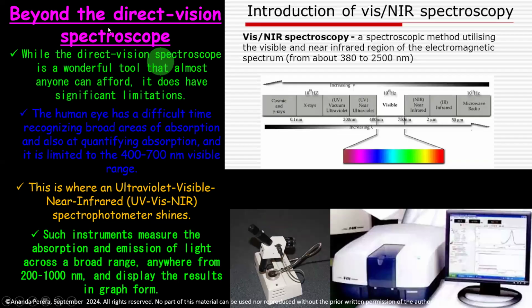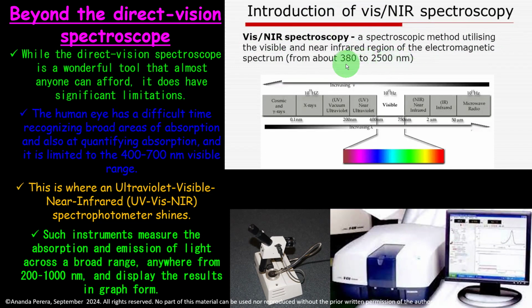Now we are moving a little bit beyond the direct vision spectroscope. Beyond the direct vision, we can use this. It is called a VIS-NIR spectroscope, a spectroscopic method utilizing the visible and near infrared region of the electromagnetic spectrum, 380 to 2500 nanometers.